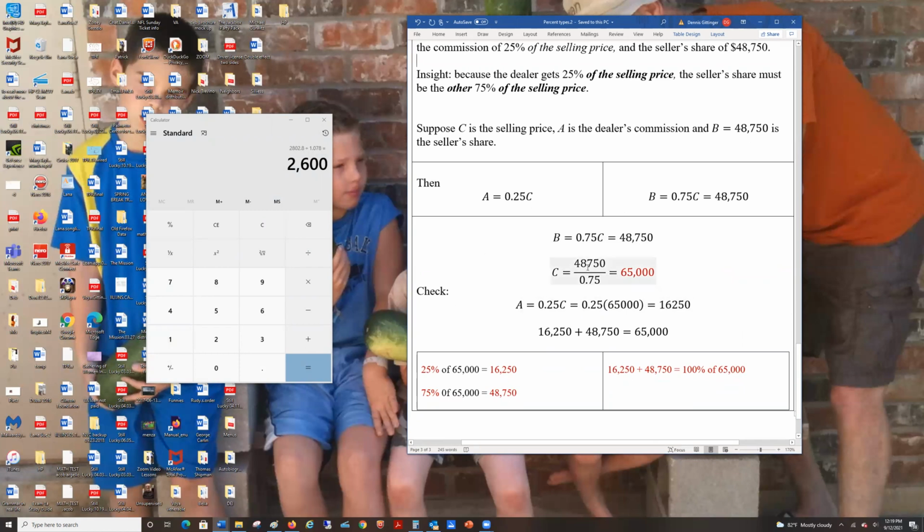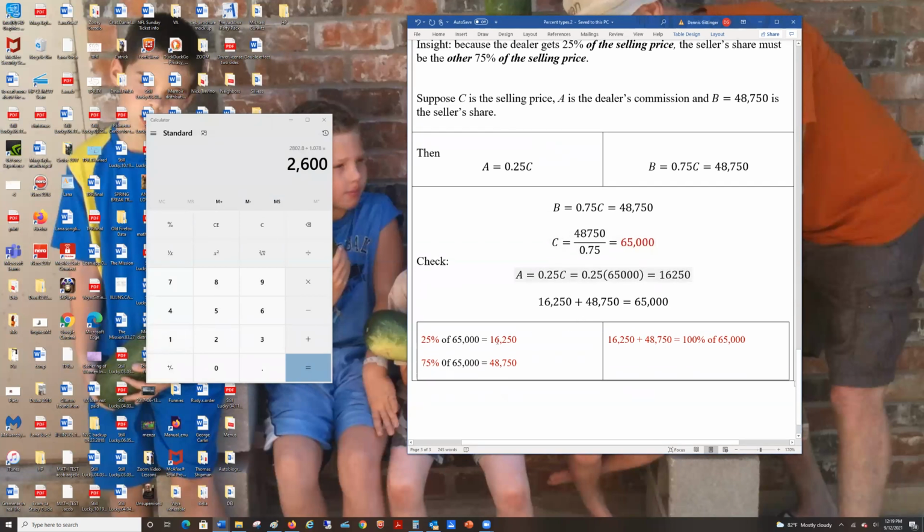So I just divide that by 0.75, and the answer gets bigger because 0.75 is a number between 0 and 1. When you divide by a number between 0 and 1, a positive number, you get a larger answer than the numerator. Shocking. And here's a little summary. 25% of a number plus 75% of the same number equals 100% of that number.